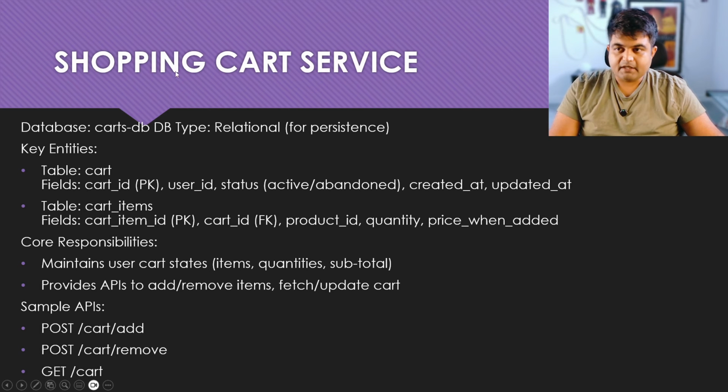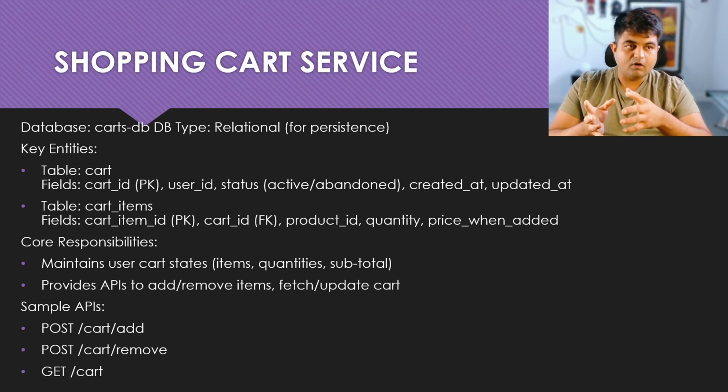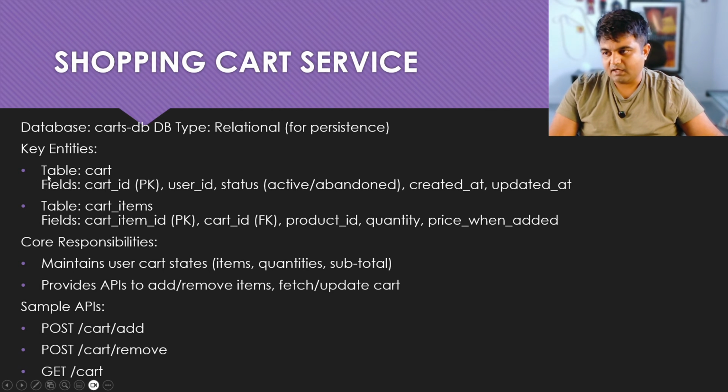Next, we have our shopping cart service. Once again, this is going to be purely a relational DB, because we want to have a long persistence layer associated. We can also use a key value DB if we want to, but I prefer persistence in this case, and that's why SQL DB makes more sense. We are going to have our cart and cart items tables, and for cart it's pretty standard.